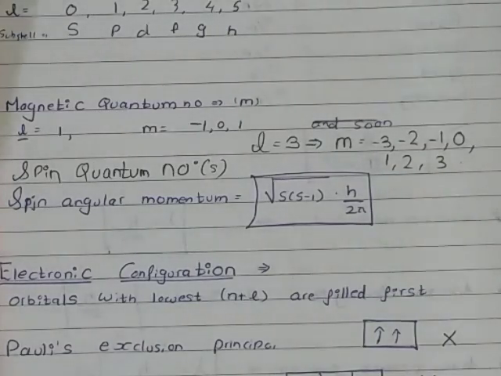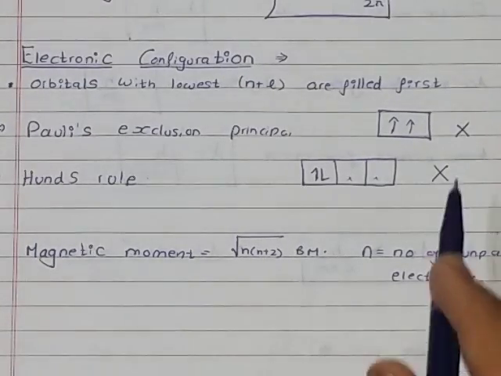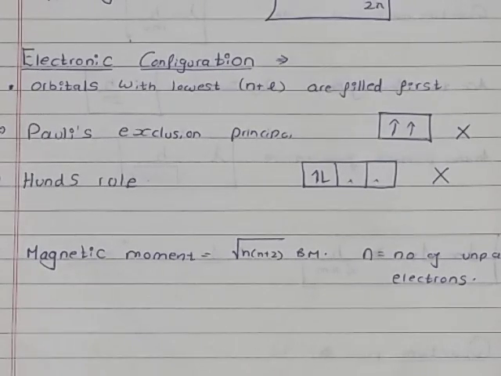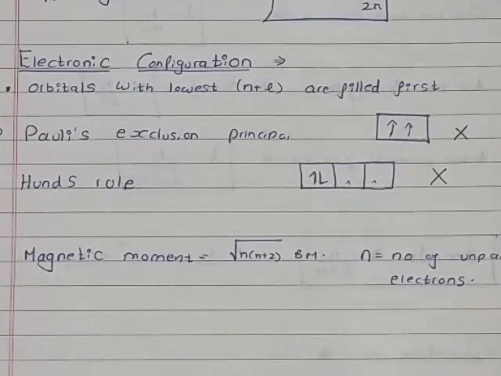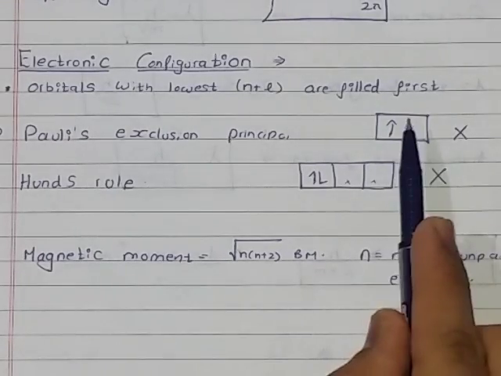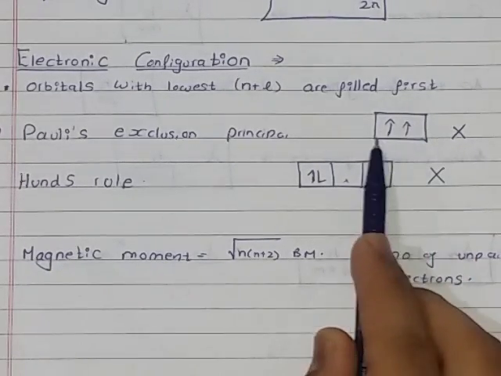Now about electronic configuration, let me tell you something else. These are the window-looking things you can see. Pauli's exclusion principle: these are the windows where you have to fill a maximum of 2 electrons of opposite spins. Pauli told us that no two electrons of similar spins can be filled in a single window.